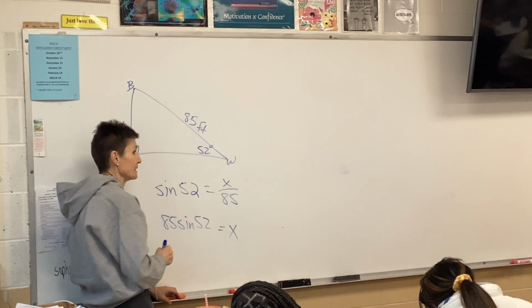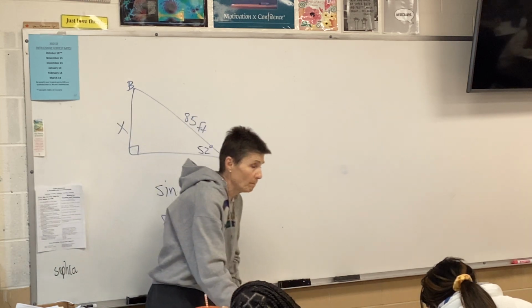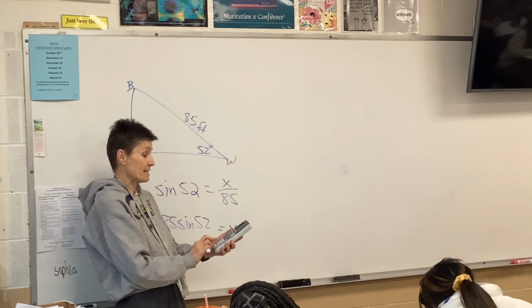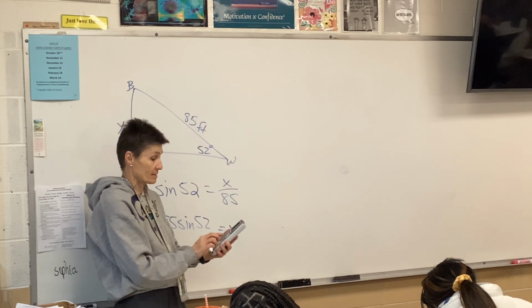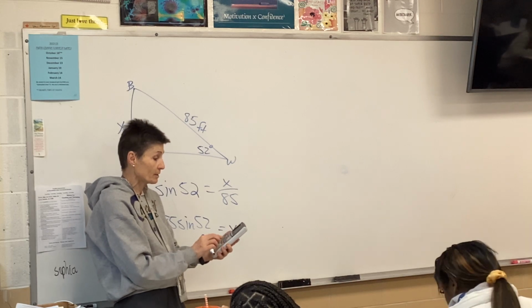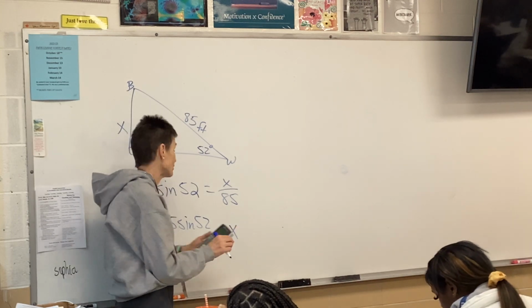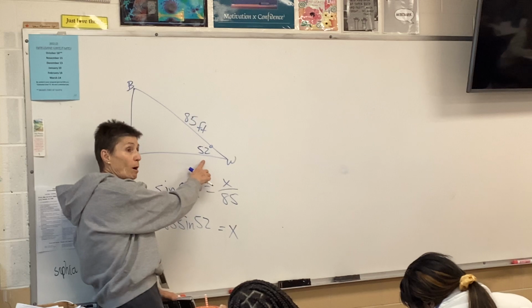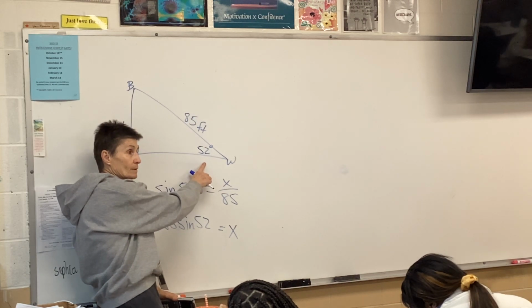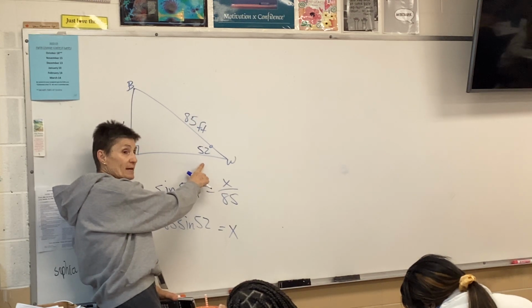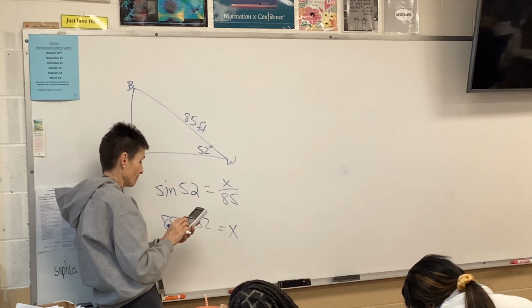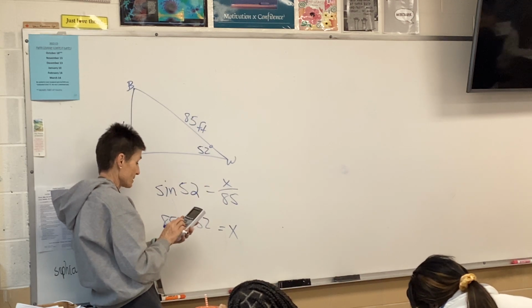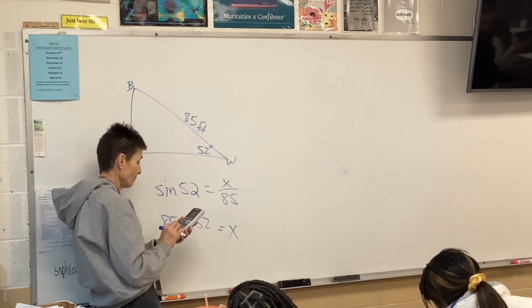Now, be really careful. At one point, I changed my calculator into radians. I'm not sure it's still in radians. So I need to change that calculator back into degrees if I'm going to do this problem, right? Kids, you gotta pay attention to that. So 85 sine 52.